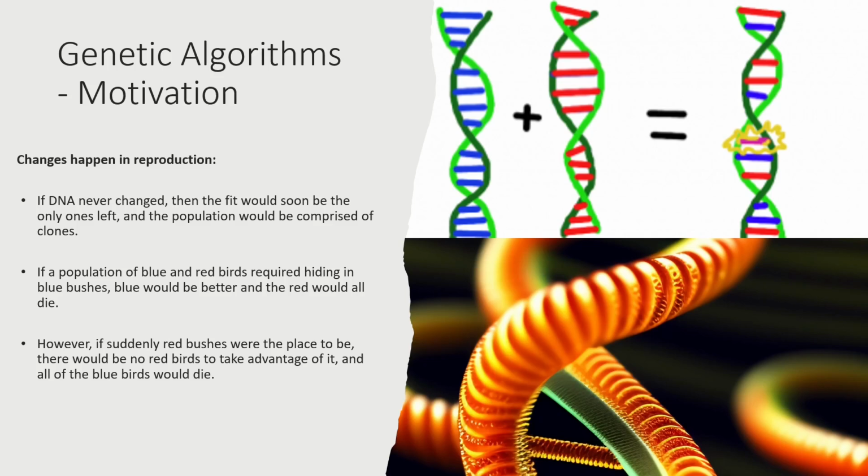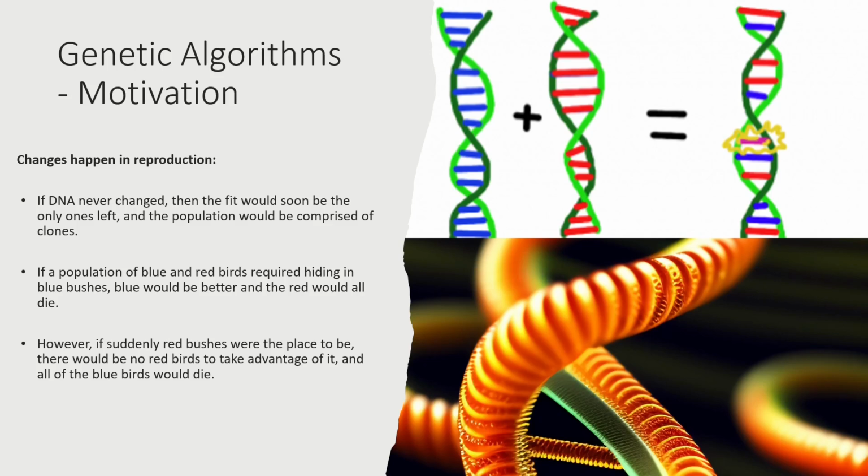So we want some weak creatures to survive as well. If a population of blue and red birds required hiding in blue bushes, blue would be better and the red would all die. However, if suddenly red bushes were to appear, there would be no red birds to take advantage of it, and all the blue birds would die soon.